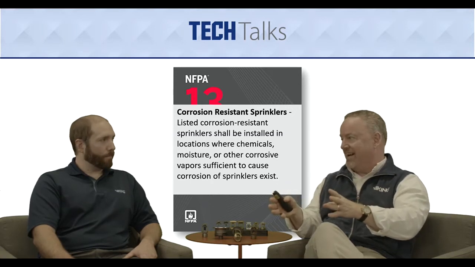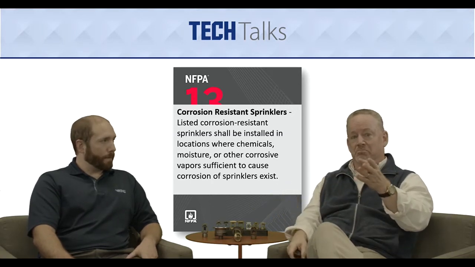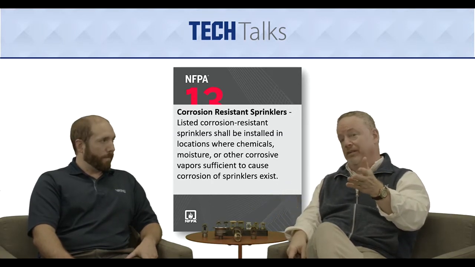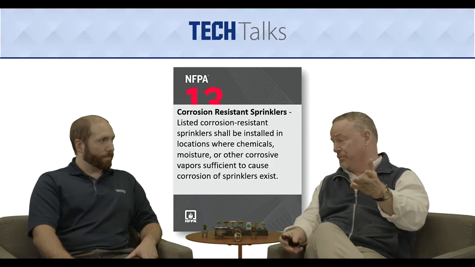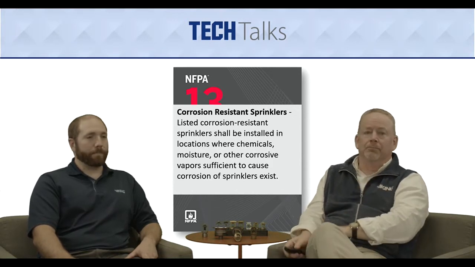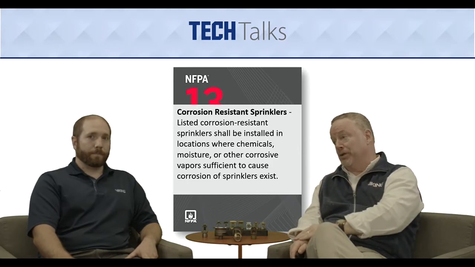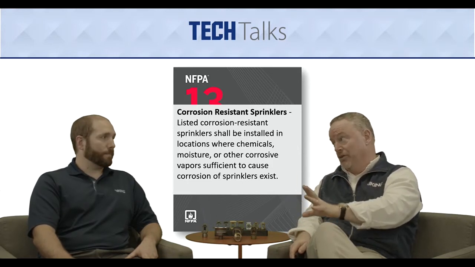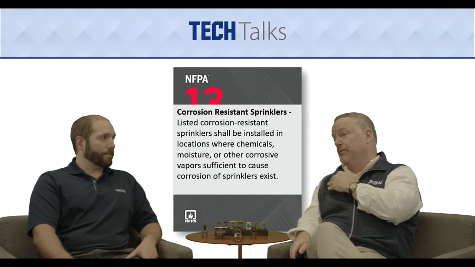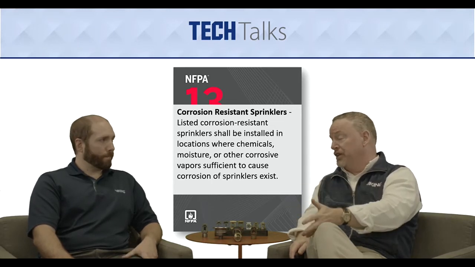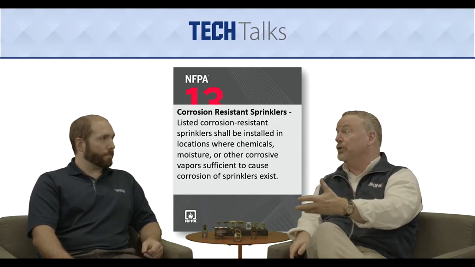So there's not that kind of guidance. It just says sufficient corrosion resistant sprinklers should be used. Or actually, in the standard itself, it says shall be used. But again, it's up to the designer, it's up to the engineer to come along and say, we're going to use this.